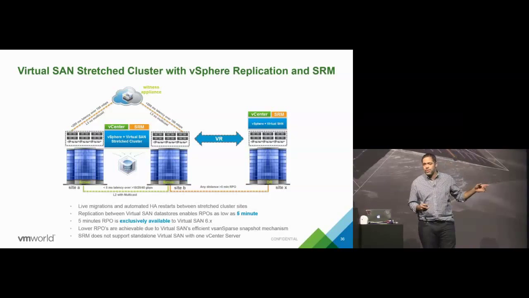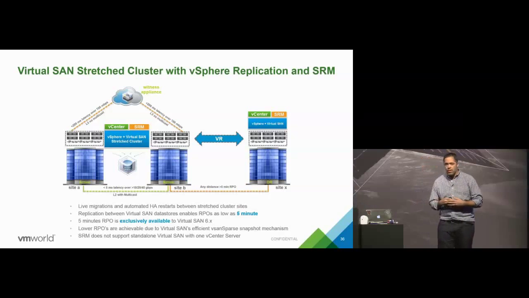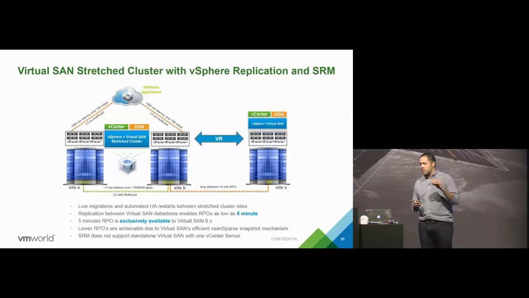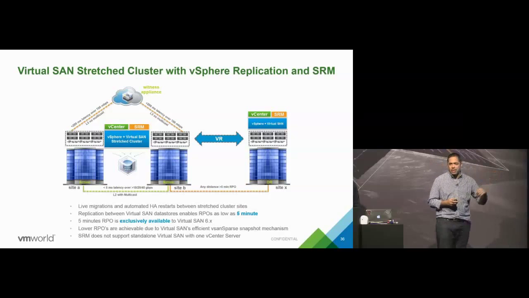In this case, virtual SAN is compatible with vSphere Replication and SRM, and it has an RTO of 5 minutes, which is a decrease from what it used to be, from 15 to 5 minutes. Obviously, it goes from the source to the destination, our virtual SAN. So everything works exactly the same, cohesively, using vSphere Replication as the source of replicating the data, and SRM as providing the orchestration engine.